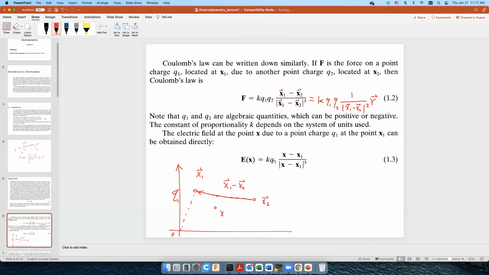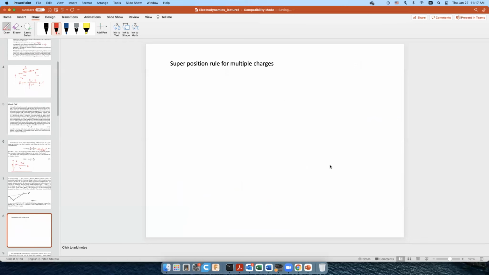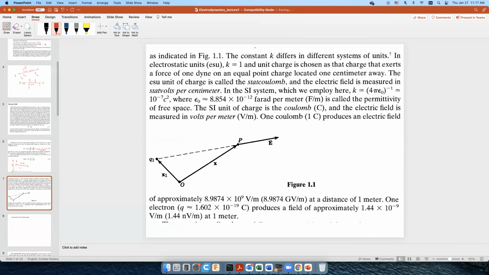The force over charge equals the electric field. So this is a way of calculating force and electric field. And when you do the calculations, you need to be careful with the units, of course.